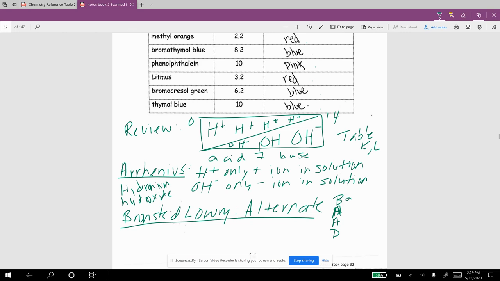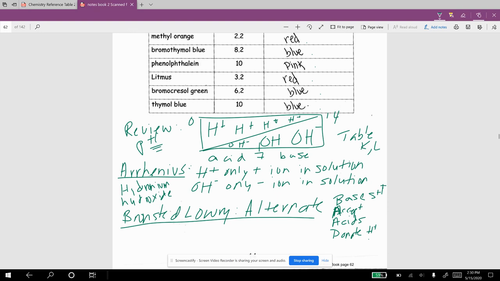So what does that stand for? This is just a little memory trick that stands for bases accept and acids donate. But what is getting accepted or donated? The H+. This is why pH is the power of hydrogen.